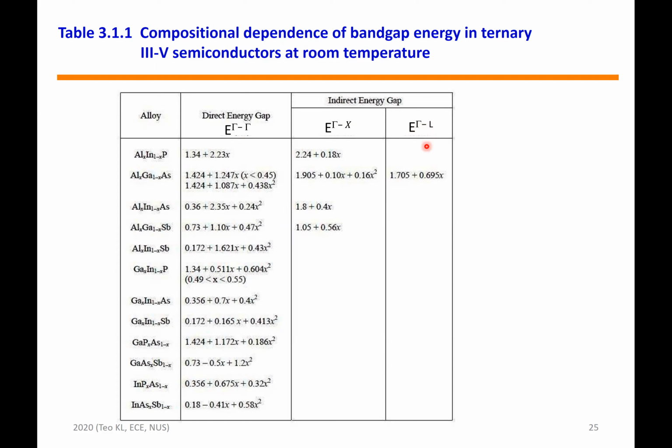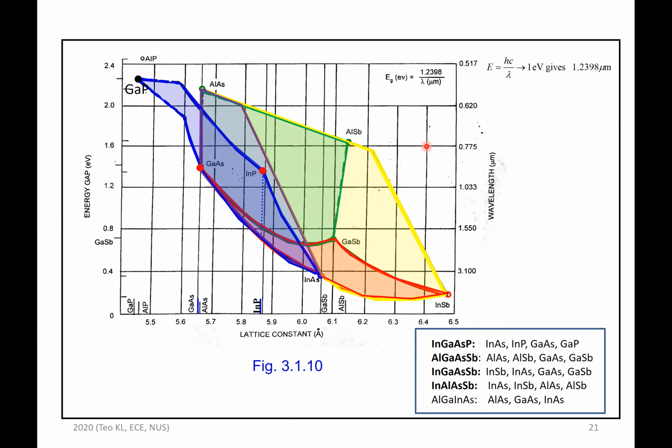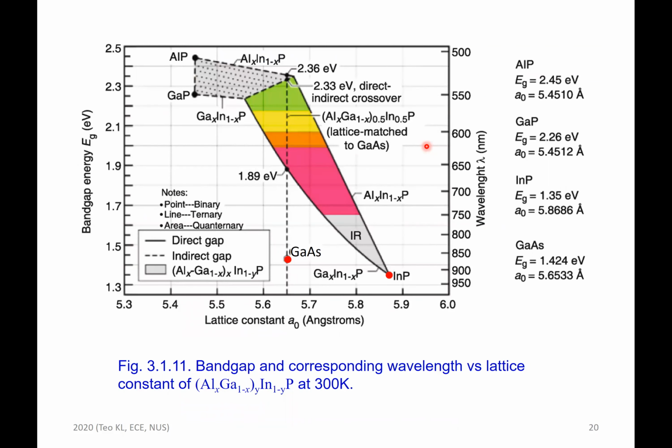I would like to make a correction in the previous slides, showing the band gap of aluminum gallium indium phosphide. So basically, aluminum indium gallium phosphide is made up of aluminum phosphide, gallium phosphide, and indium phosphide, and that forms the aluminum gallium indium phosphide quaternary alloy semiconductors.